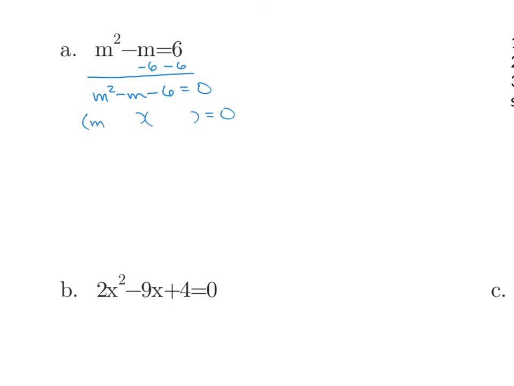If we factor this now, we get m and m. Things that multiply to 6 and combine to 1 are going to be 3 and 2. Remember that we do have different signs. My larger one will be negative. So we get m minus 3 and m plus 2. If we go ahead and set each one of these equal to 0, we can now solve the little linear equations.